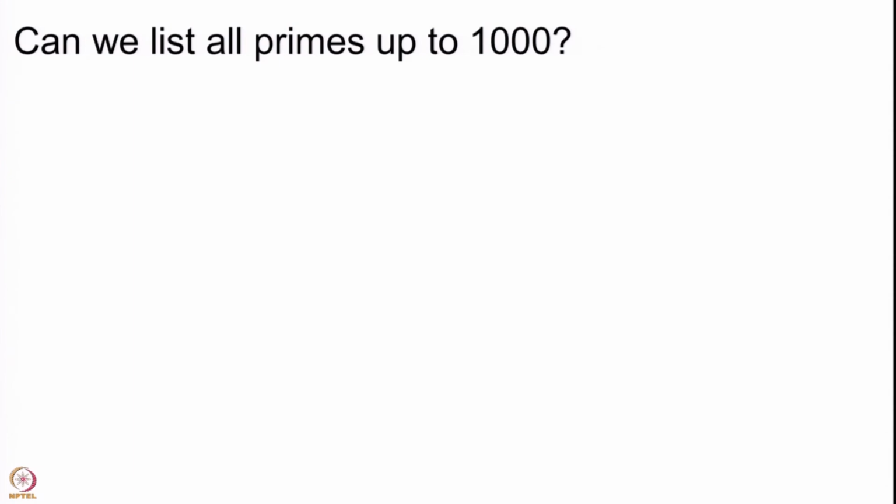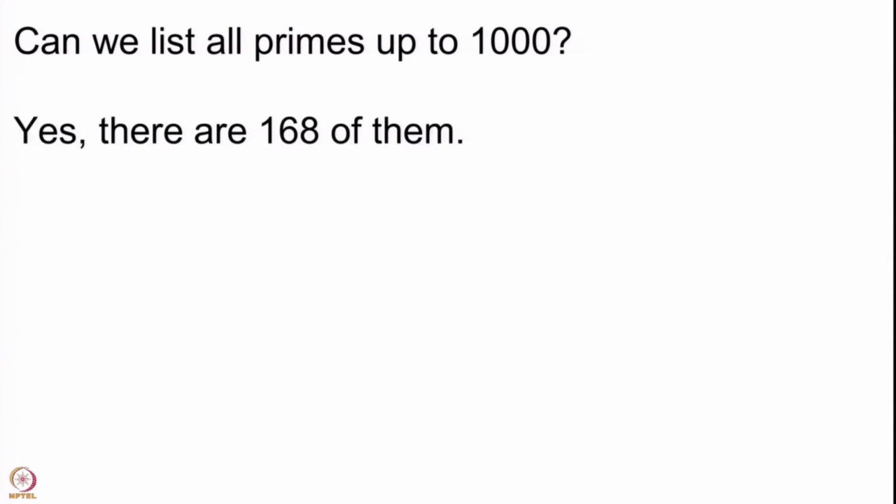You would see a teacher in your class giving you a problem, and if you solve it very easily, the teacher will give you a slightly harder problem. I am going to do the same. Can we list all primes up to 1000? The answer is yes. There are 168 of them. The number of primes up to 100 was 25.